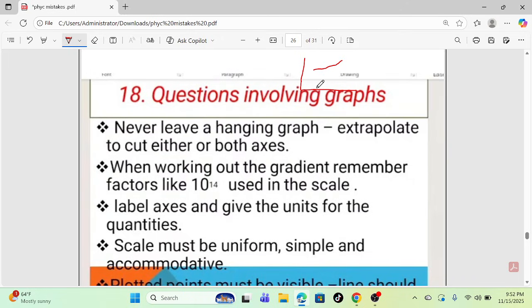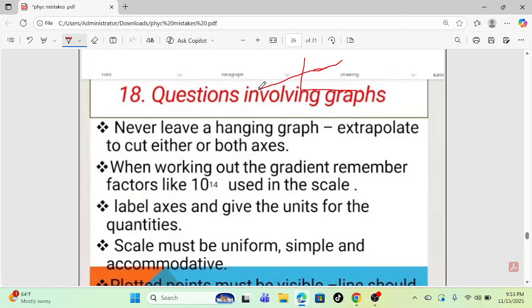I'm talking about straight lines. So you have to extrapolate it, extend it until it cuts one axis. You are supposed to not leave any hanging graph in physics, or otherwise you will commit avoidable mistakes.